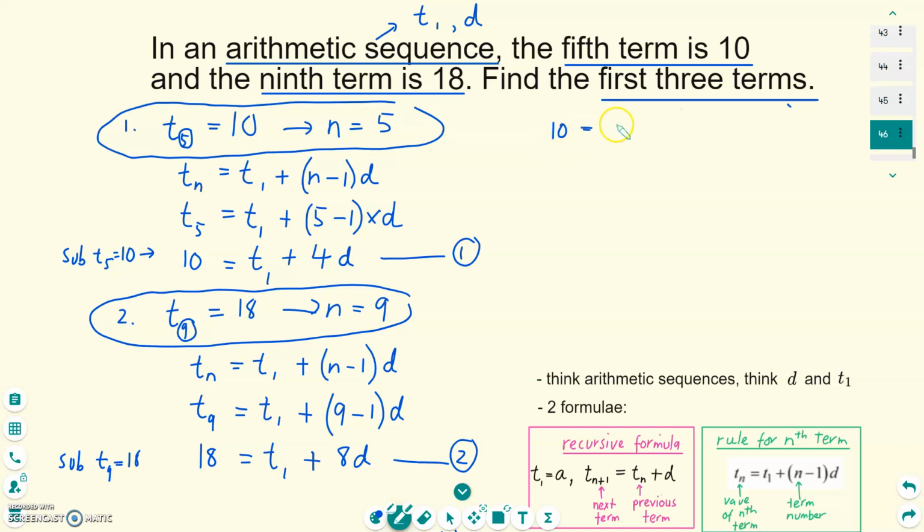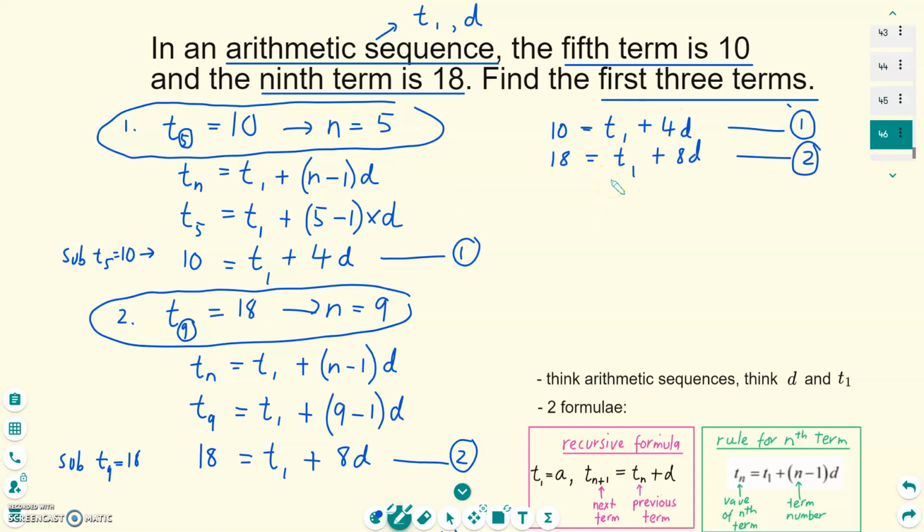So 10 equals T1 plus 4D. That's equation 1. And we have got equation 2, 18 equals T1 plus 8D, equation 2. And I look at them and I can see, look, they're lined up perfectly to use that elimination method. I could nice and quickly eliminate that T1 if I wanted.